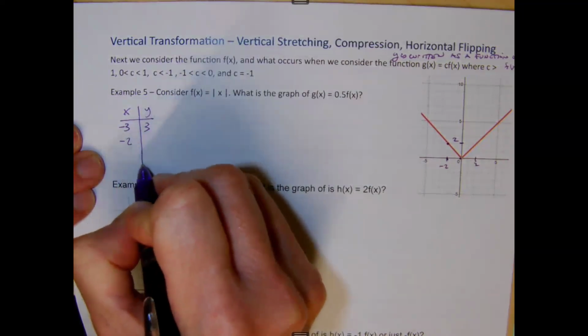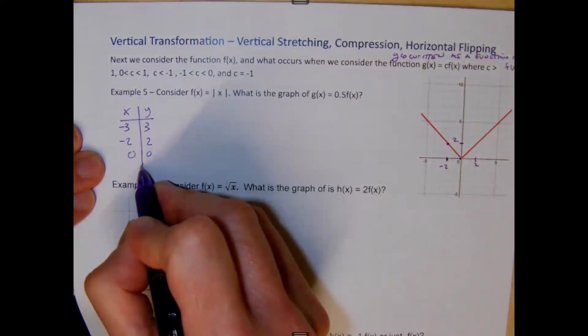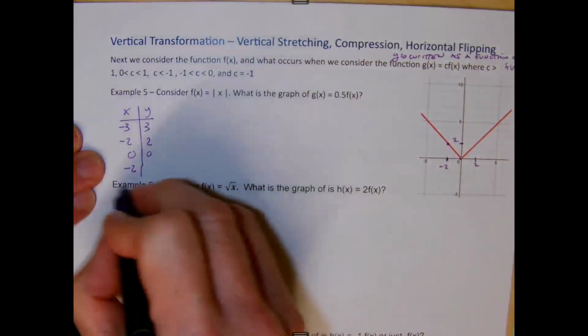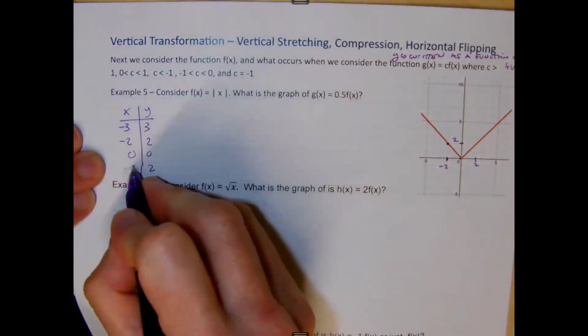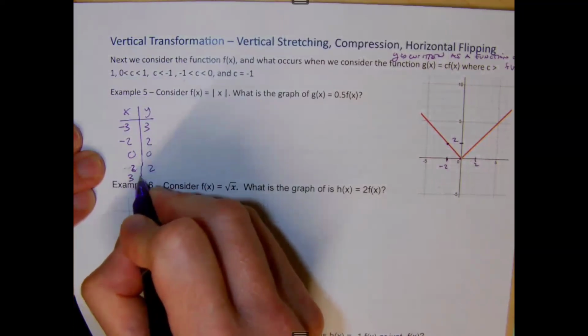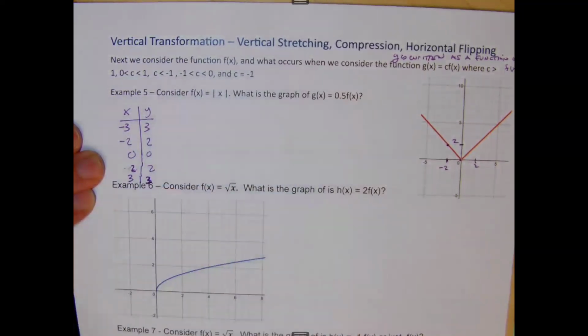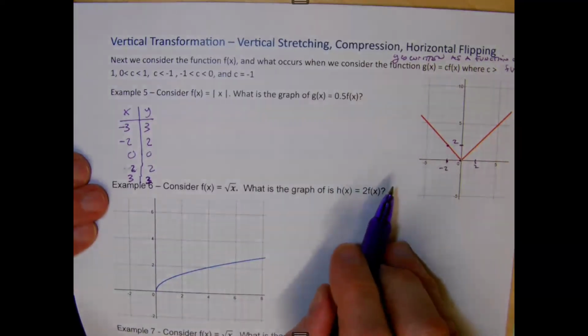Absolute value of -2 is 2. The absolute value of 0 is 0. The absolute value of positive 2 is 2. And 3 is 3. Great. You can see this is not a one-to-one function.